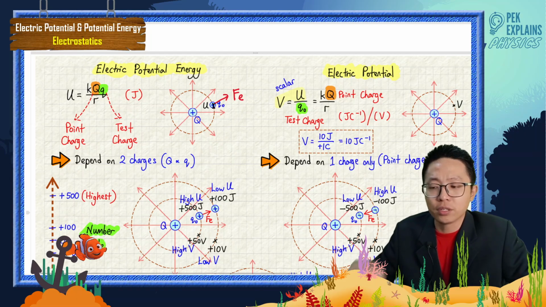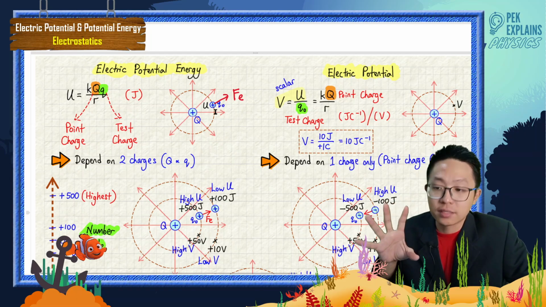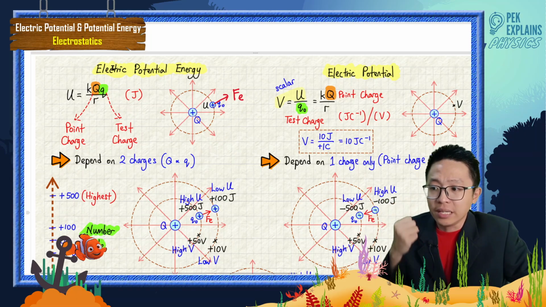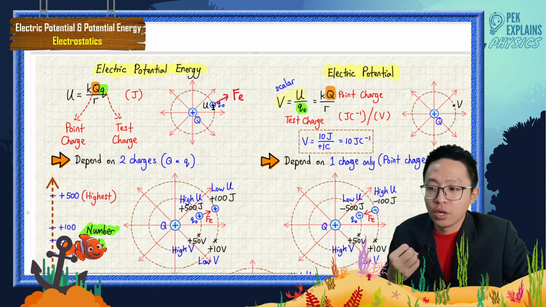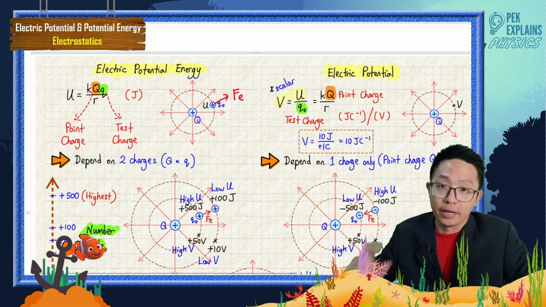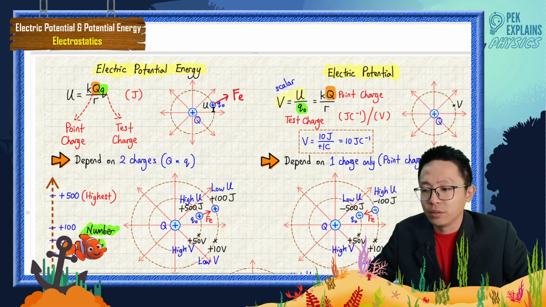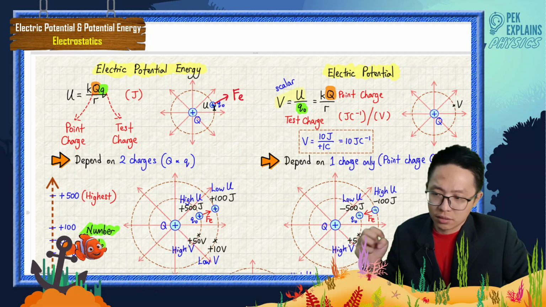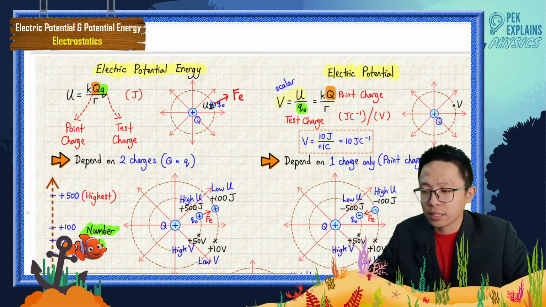Because if we let go of this test charge, the electric potential energy will convert to kinetic energy. If you just let go, it will certainly accelerate away from the point charge. Why accelerate away?